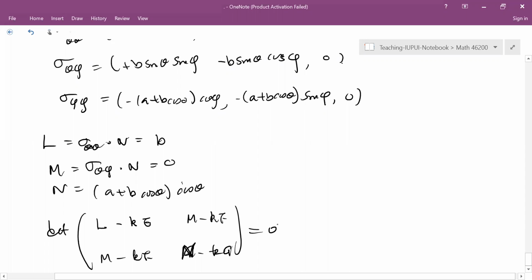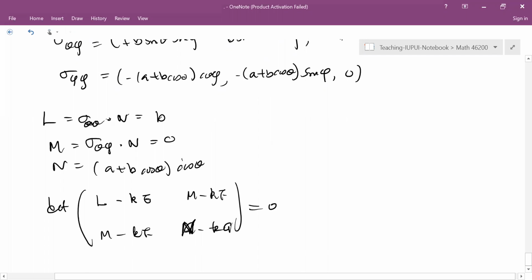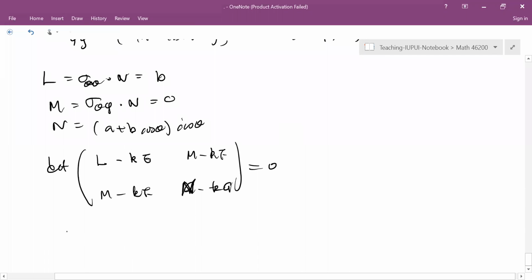So that gives me 0. So let's put the details here. L is going to be b, right? And E is going to be k and the b squared.